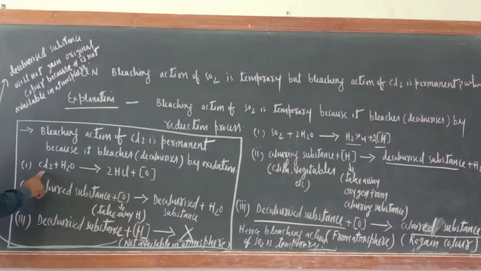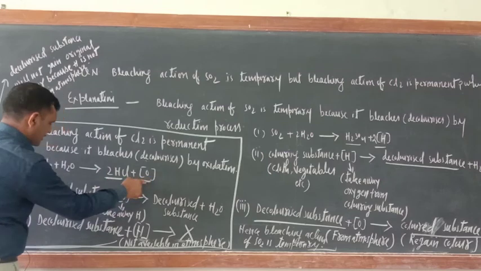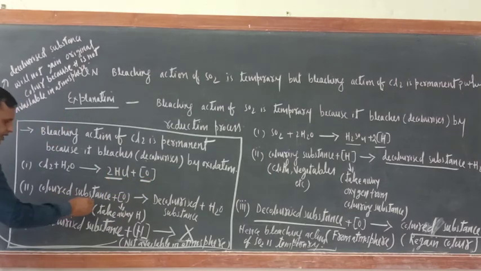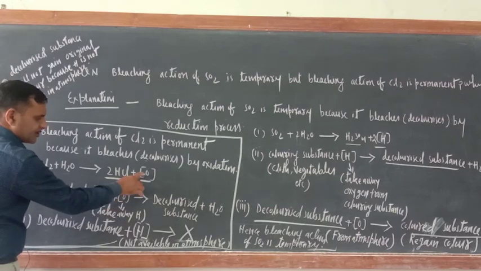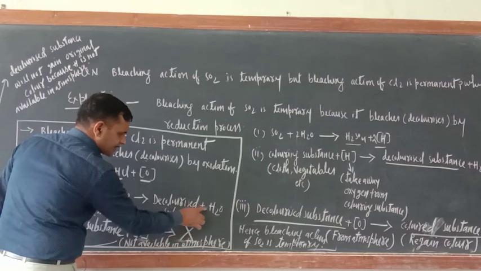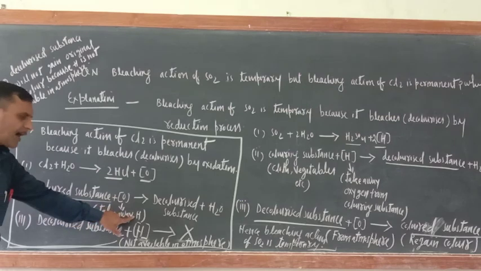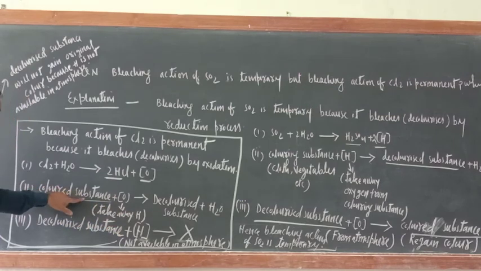Just see, Cl2 plus H2O. You know the bleaching action of Cl2 is only in the presence of water. So 2HCl plus nascent oxygen. This nascent oxygen, just see, is colored substance plus nascent oxygen which is evolved in step number first. Now it decolorizes the substance plus H2O. Now just see, this nascent oxygen will take away hydrogen which is present in the colored substance.